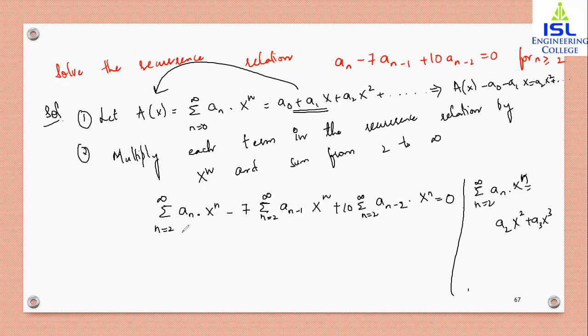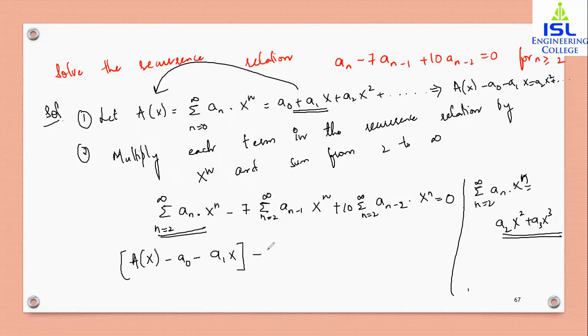Instead of n equals 2 to infinity, this series is also starting from a_2 x^2, and even this is starting from a_2 x^2. So we can replace this term by A(x) minus a_0 minus a_1 x. Once again, just pause the video and try to write the problem in a notebook so that you understand what I am doing over here.